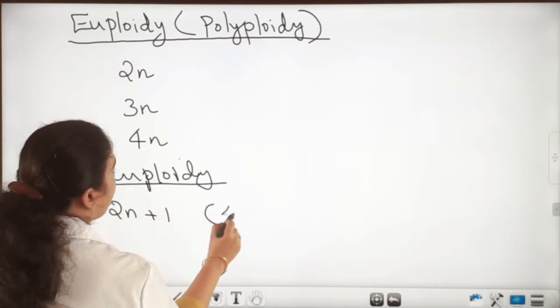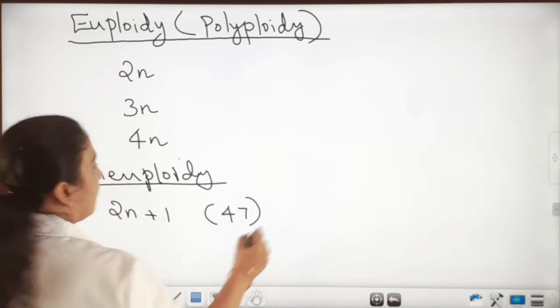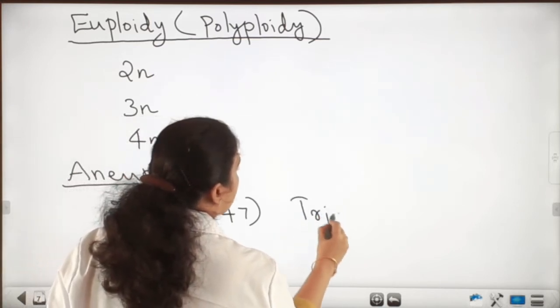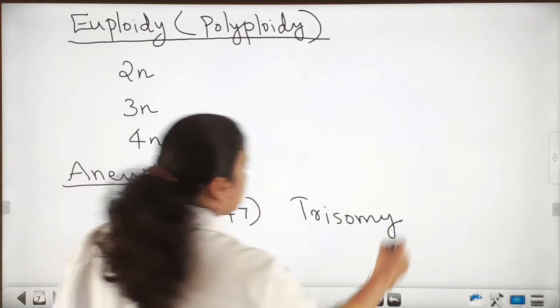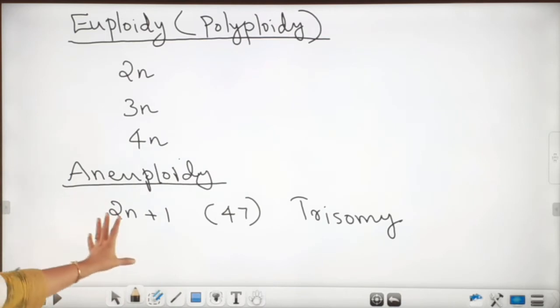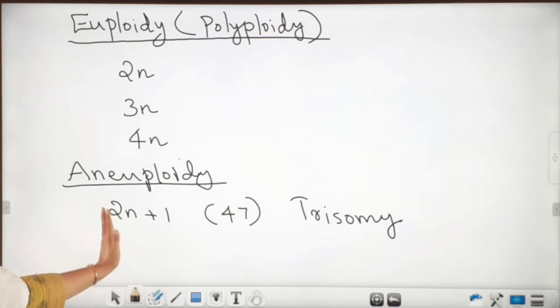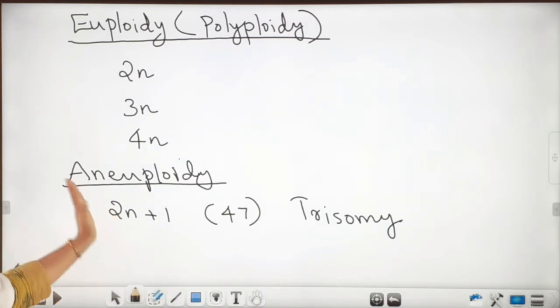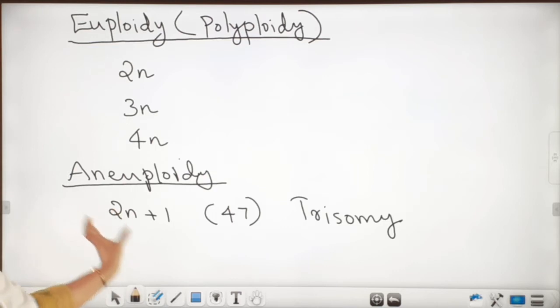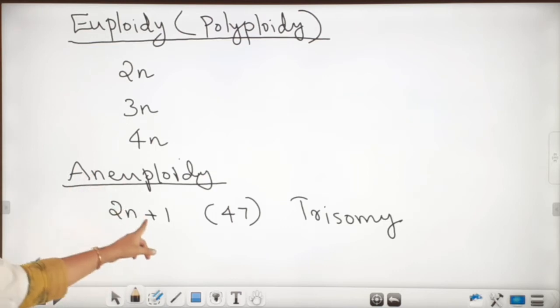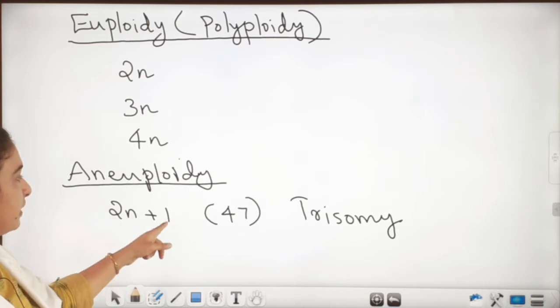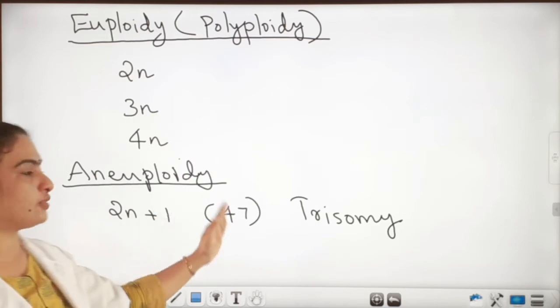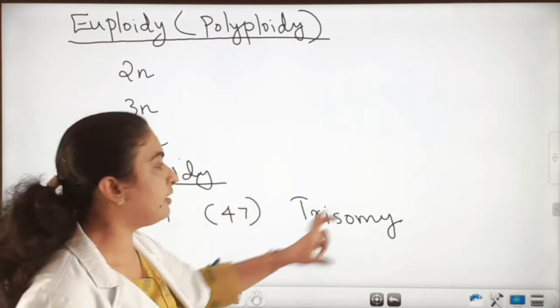So total 47 chromosomes, and that condition is called trisomy. Normally 2n means what? 46, that is 23 pairs. So 2n is the normal basic chromosome number, and along with it there is one extra chromosome, so total 47, and the condition is called trisomy.